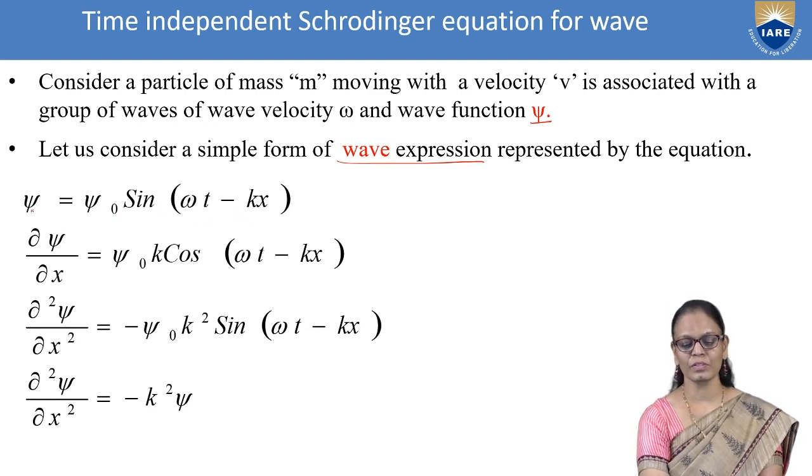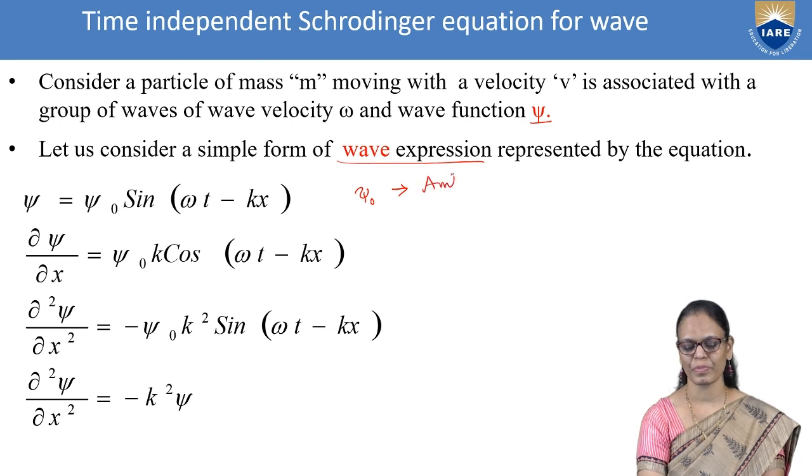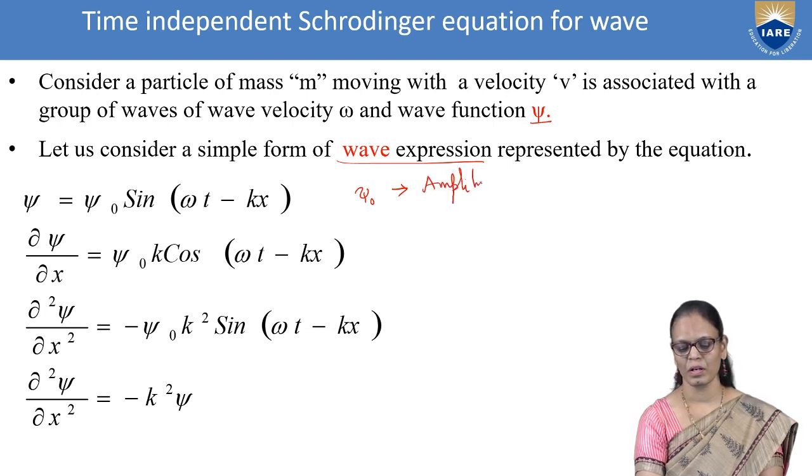Now, I told you the wave function here is represented in terms of psi. So, psi is given by psi naught, where psi naught represents the amplitude. Omega we have described, it is the wave velocity, t is the time, k is the wave vector, x is the displacement.